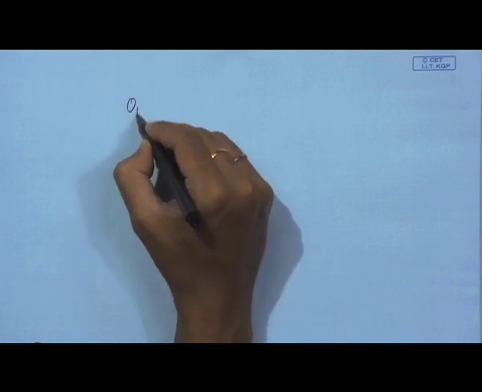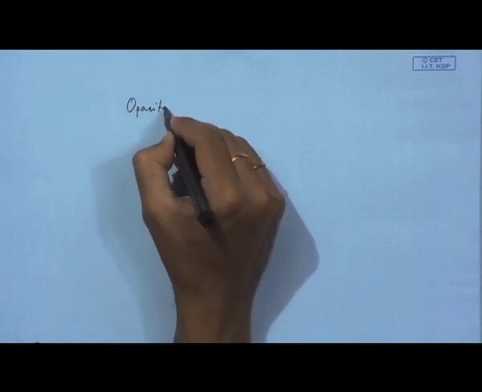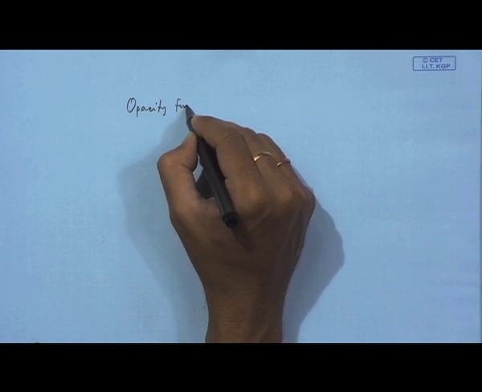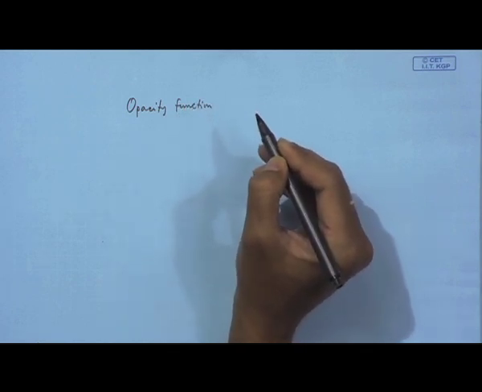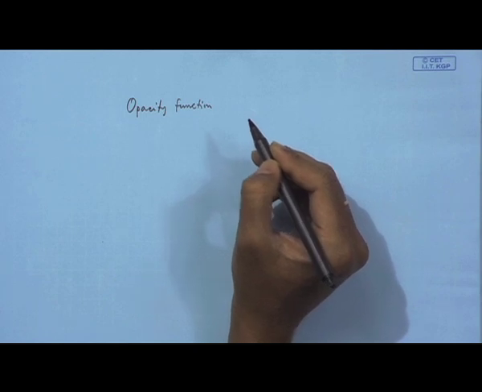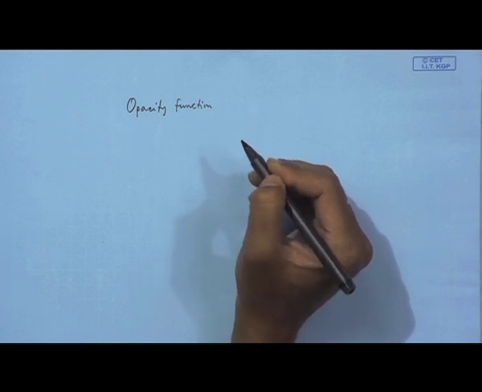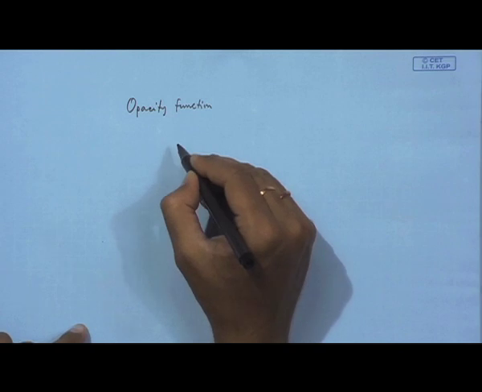Next, let us look into a simple opacity function. A determination of reaction cross section cannot uniquely specify Pb.